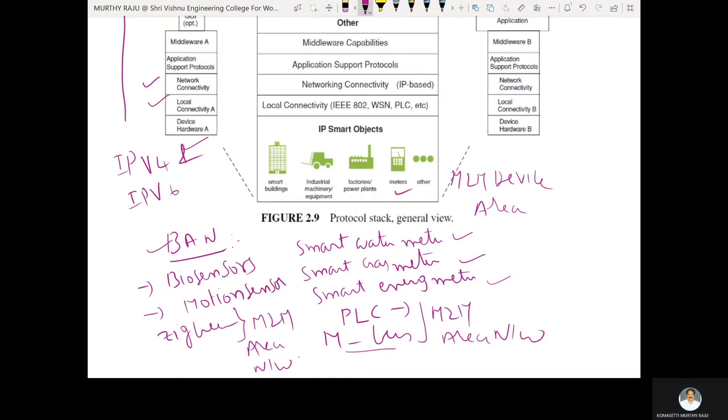Based on the application, we use IPv6 because more address space is available. Header length is very small compared to IPv4. IPv6 is 128 bit, so 2 power 128 address spaces are available. That is called network connectivity.